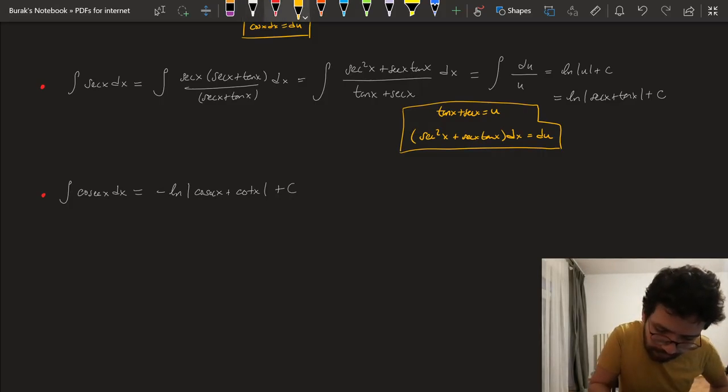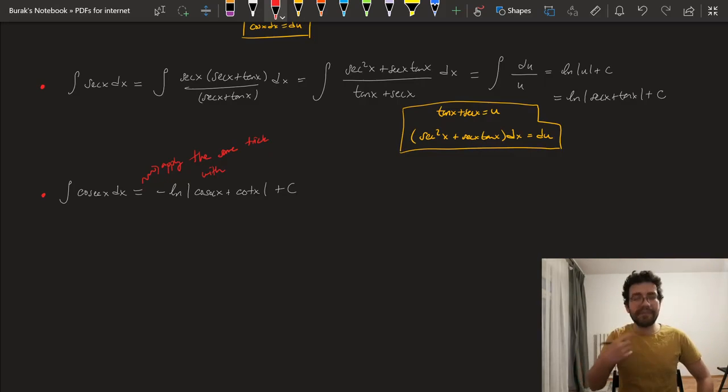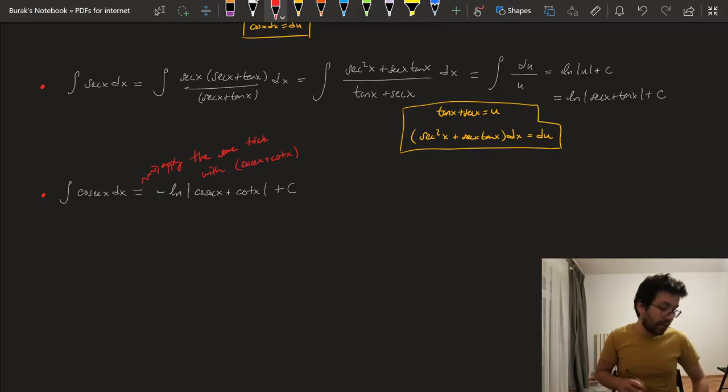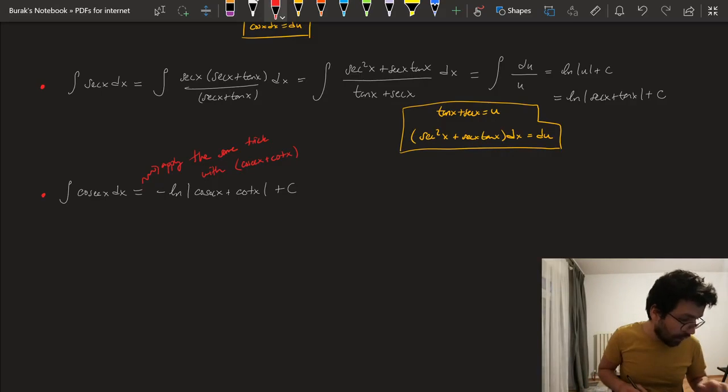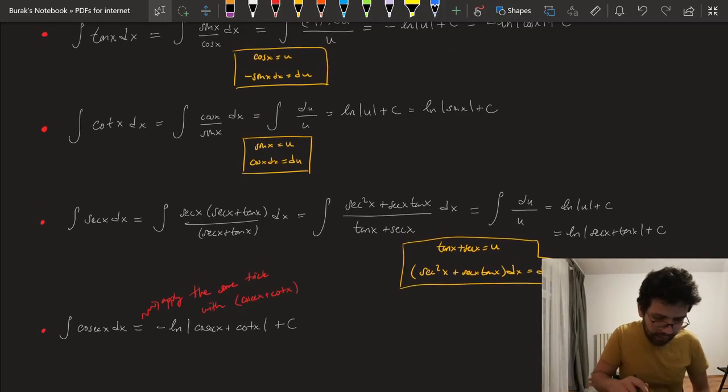So apply the same trick: instead of multiplying and dividing by secant x plus tangent x, you do the exact same thing with cosecant plus cotangent, and then you will get that.